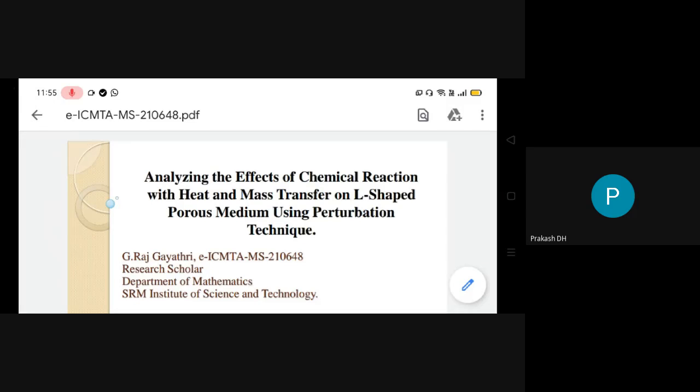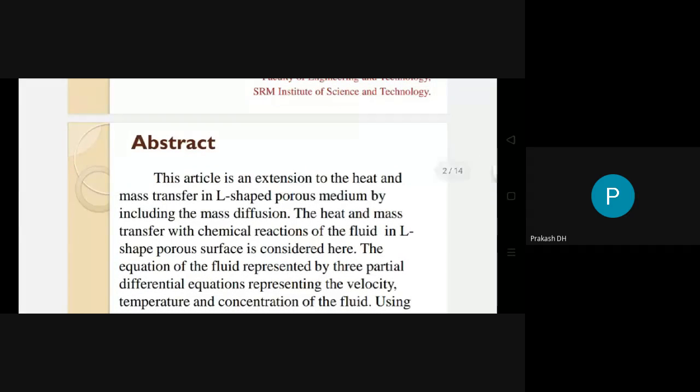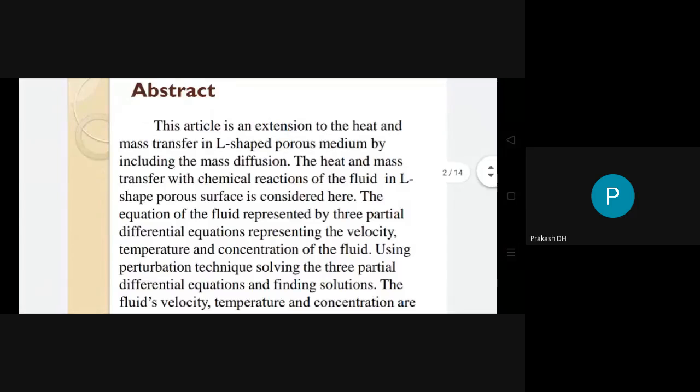My title is Analyzing the Effects of Chemical Reaction with Heat and Mass Transfer on L-shaped Porous Medium Using Perturbation Technique. Abstract: This article is an extension of the heat and mass transfer in an L-shaped porous medium by including mass diffusion. The heat and mass transfer with chemical reaction of the fluid in the L-shaped porous surface is considered here.